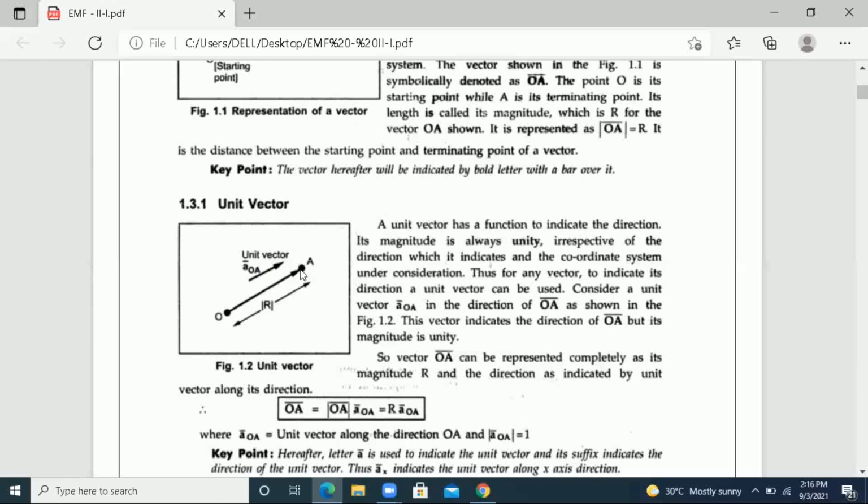So for that particular vector R, unit vector OA is one unit of the vector in the direction OA.